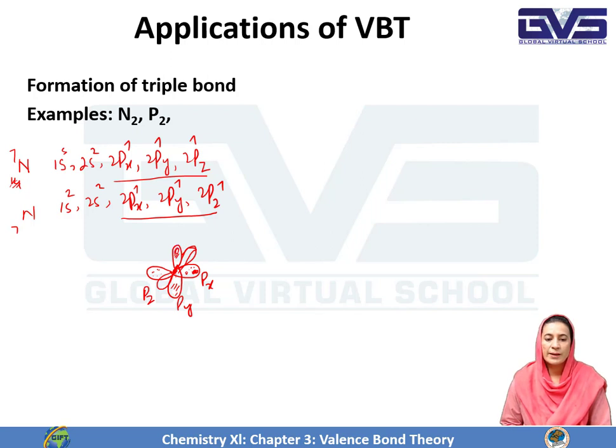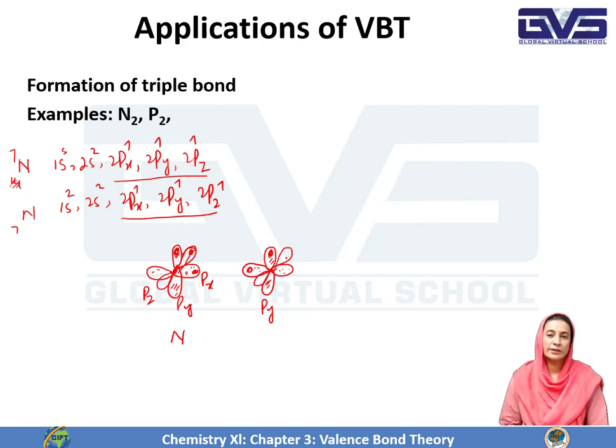And pz is also filled, it has 1 electron. This is the first nitrogen and the second nitrogen will also have the same configuration. Like this is py filled with lines, this is px filled with dots, 1 electron, and pz also contains 1 electron.